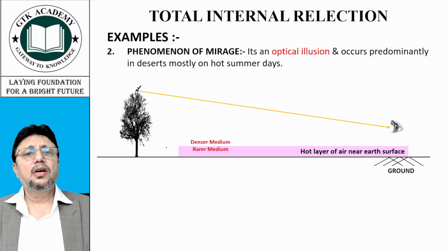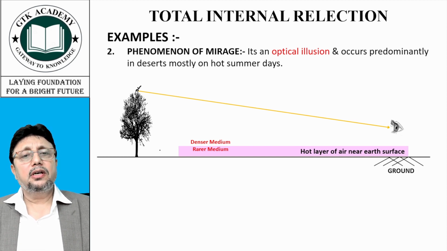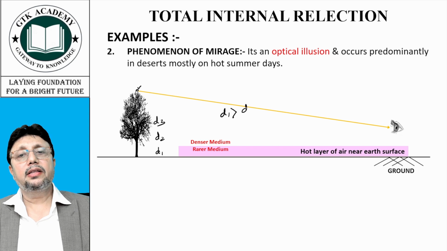Normally what happens in normal circumstances, if the layer has a density d1, d2, d3, so the denser thing will be at the bottom. That means d1 will be greater than d2, will be greater than d3.